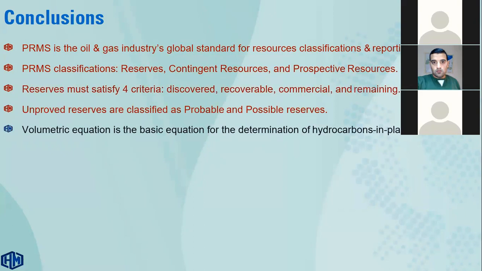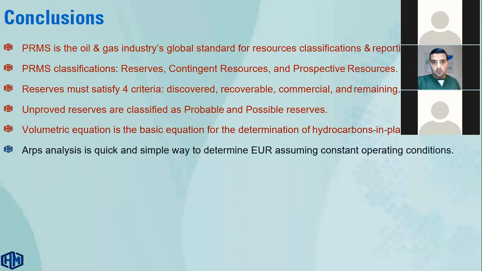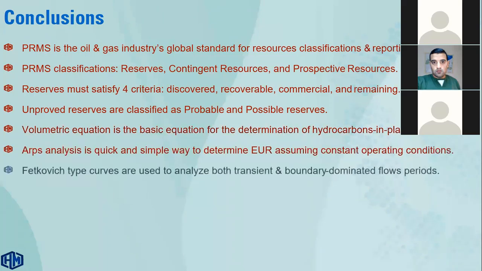The volumetric equation is a basic equation for calculations of oil reserve and hydrocarbons in place. Decline curve analysis is an analytical and empirical approach, a quick and simple way to get reserve and identify the estimated ultimate recovery, EUR. The Fetkovich type curve is used to analyze both transient and boundary or pseudo-steady state flow periods.